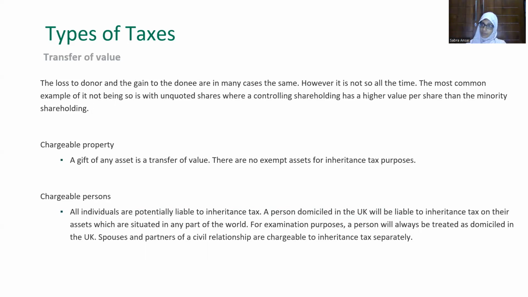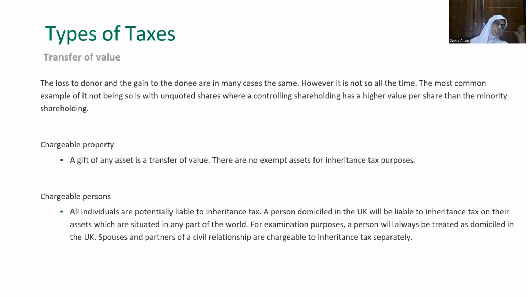Who are the chargeable persons? All individuals who are potentially liable to inheritance tax are called chargeable persons, and a person domiciled in the UK will be liable to inheritance tax on their assets situated in any part of the world. For examination purposes, a person will always be treated as domiciled in the UK, and spouses and civil partners are chargeable to inheritance tax separately.